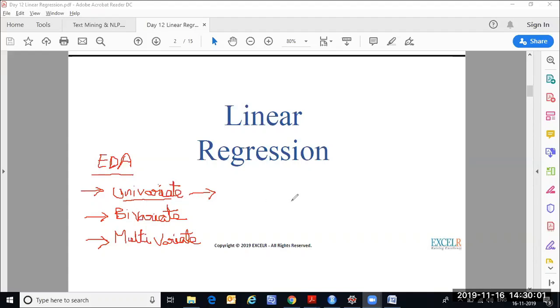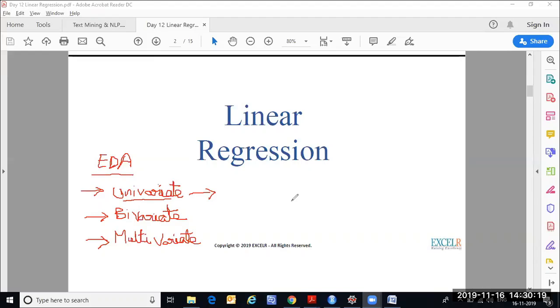You can take each variable standalone and see what the values look like, what the shape of the data is through histograms, and how the data is distributed.